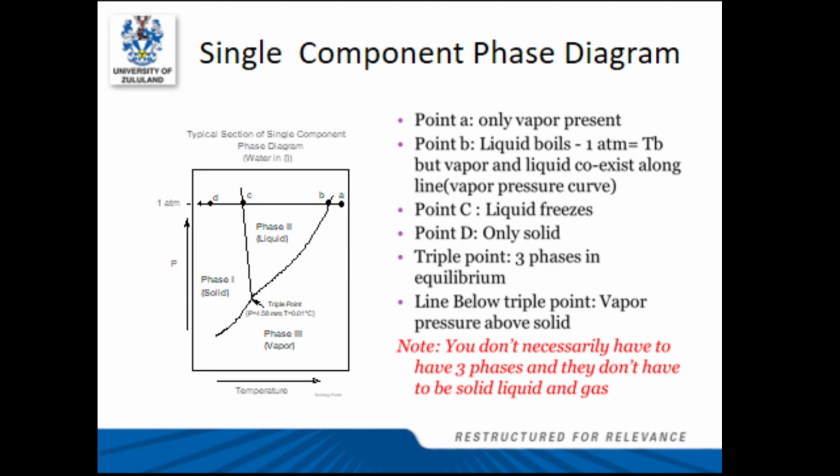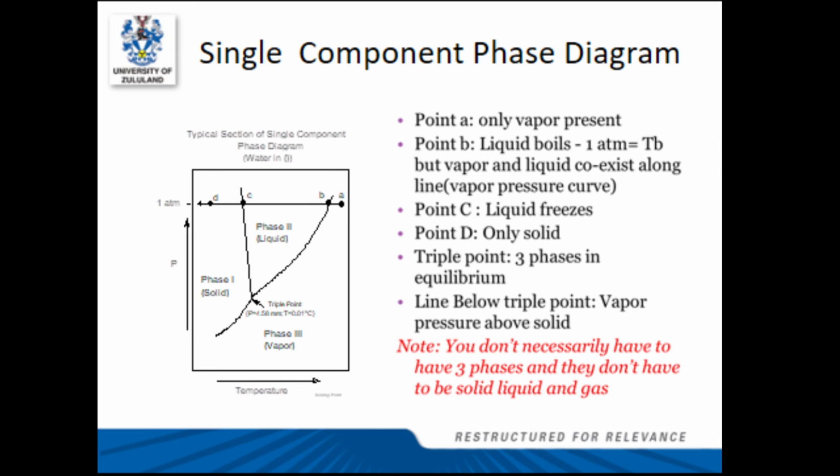And we also have point B. Point B is where the liquid boils, but vapor and liquid coexist along the line, the vapor pressure curve. So along that particular line, that is where vapor and liquid coexist.